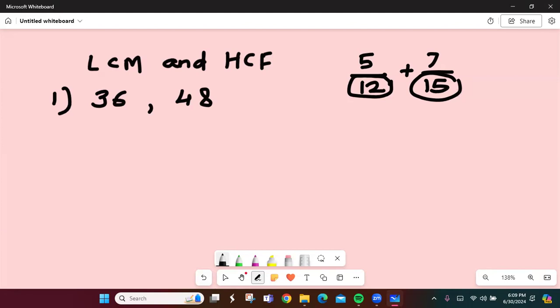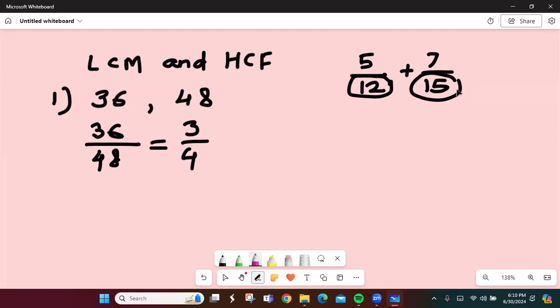Here what you can do is just take the ratio 36 upon 48 and write this ratio in the simplest form. So 12 threes are 36, 12 fours are 48. So in the simplest form, it is 3 upon 4.